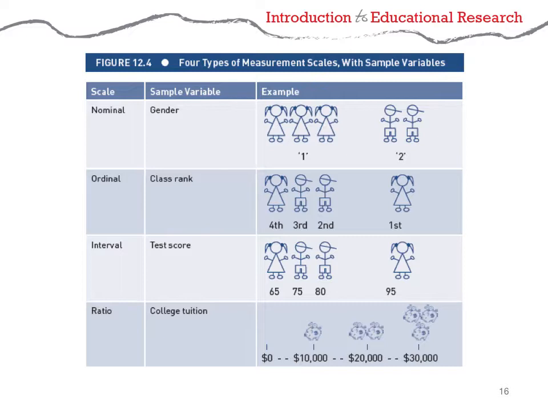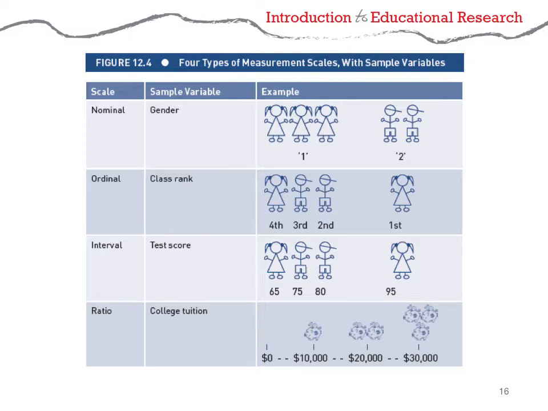Interval, this is where you may have a test score, and it is in an interval scale, right, where there may or may not be a true zero. If you're at an interval level, actually there's not. It's that there's equal distance between the items, or between the scores.